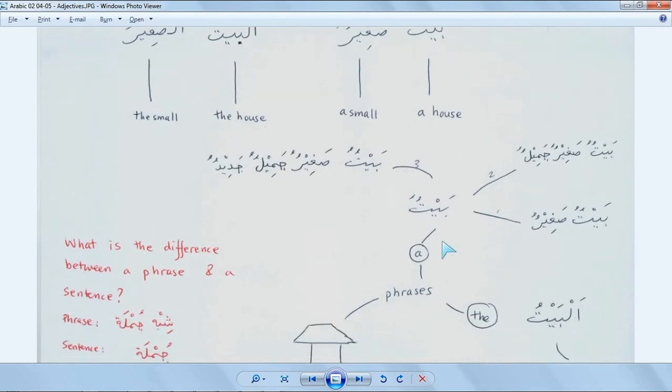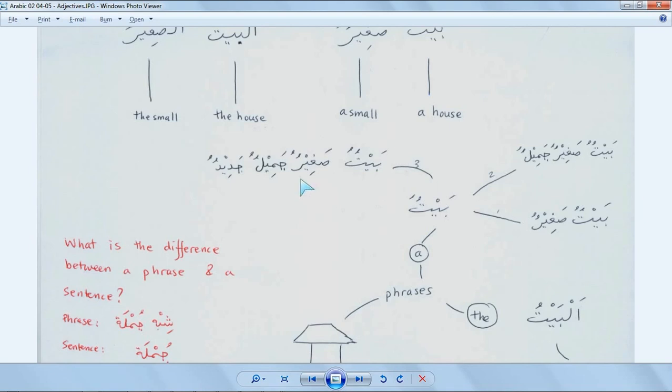Now, what happens if we have more than one describing word for a noun? For example, baytun saghirun. We have one adjective, small, describing the word house, a small house. If we wanted two adjectives, so we're going to add an extra word called jamilun, we would say baytun saghirun jamilun, a small, beautiful house.